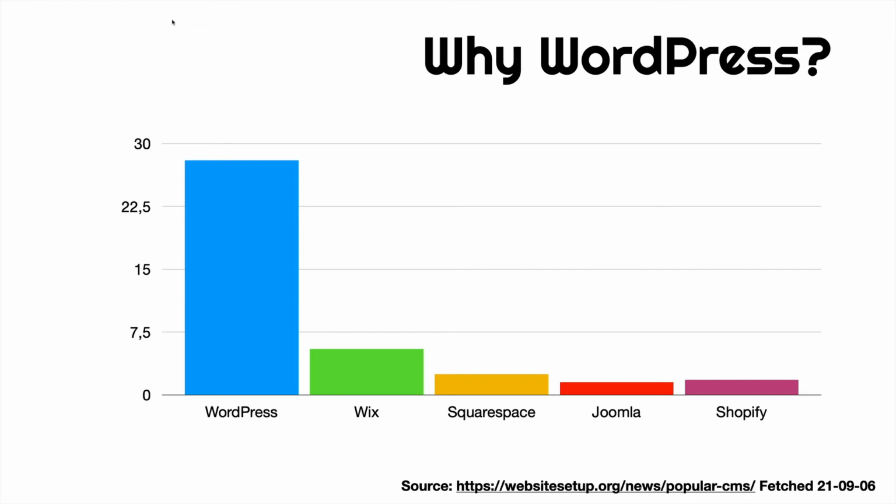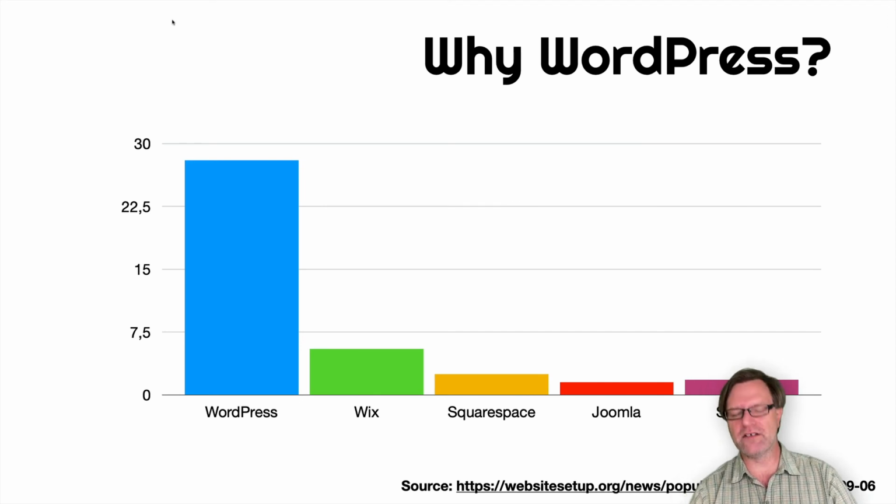WordPress is open source, and if you compare, Wix and Squarespace are not. Joomla is the closest competitor that is also open source. That means that it is free to download, and you can install it on your own server for no money whatsoever. So if we compare them, WordPress is more than 5 times the closest competitor.